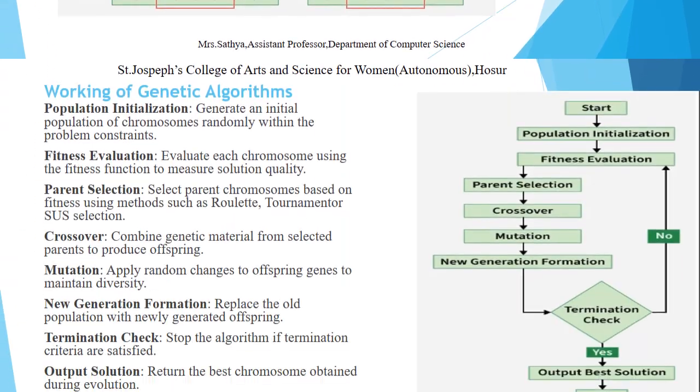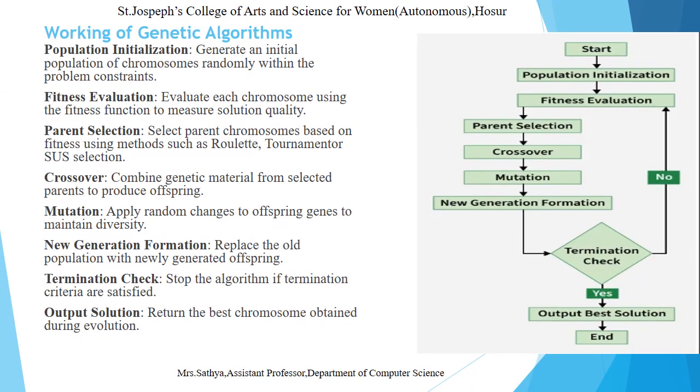So the next one is the working of genetic algorithms. Now let us summarize the working process step by step. This diagram clearly explains how it works. The first is population initialization, the next is fitness evaluation, the third is parent selection, the fourth is crossover, the fifth is mutation, the sixth is new generation formation, the seventh is termination check, and the eighth is output of the best solution.